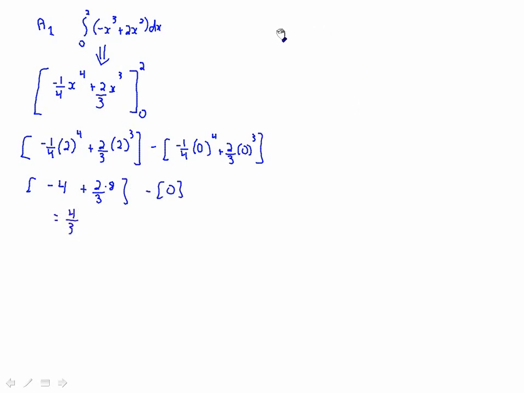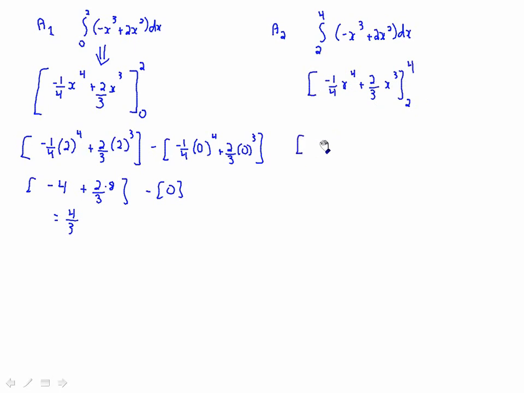And then when you go after A2, note that this is from 2 to 4. Same function, negative x cubed plus 2x squared dx. So this is going to become negative 1 over 4 x to the 4 plus 2/3 x to the 3 from 2 up to 4.